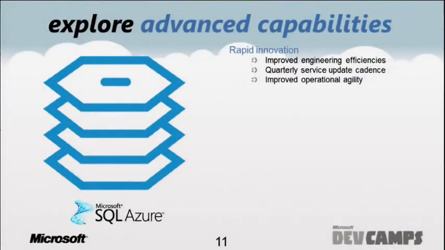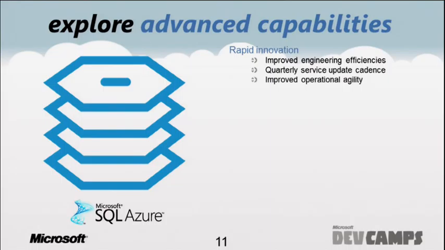And the whole thing about contained database, which we talked about. So I just want to give you a taste for some of the other stuff that's happening in the platform around SQL Azure. We're improving our operational and our engineering efficiencies kind of exponentially as we go. The rate at which we're coming out with improvements, the rate at which we're fixing problems is increasing.